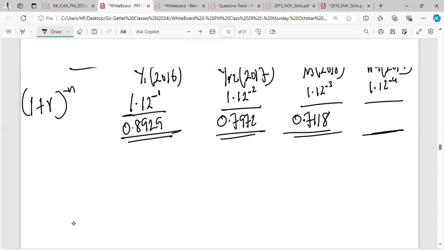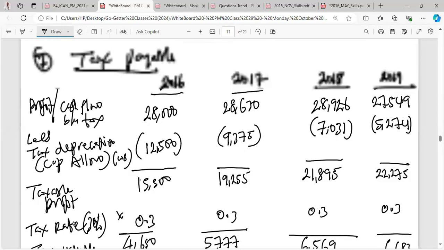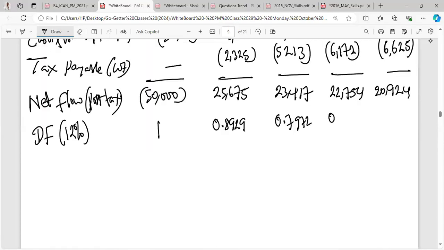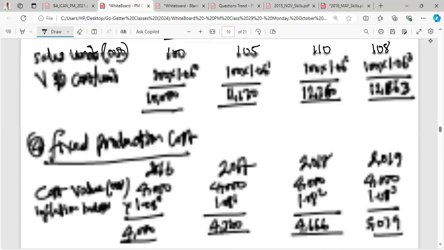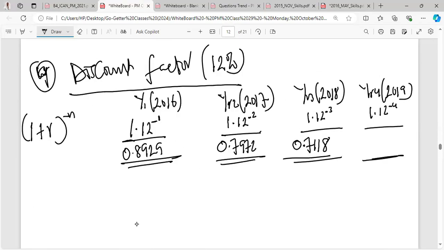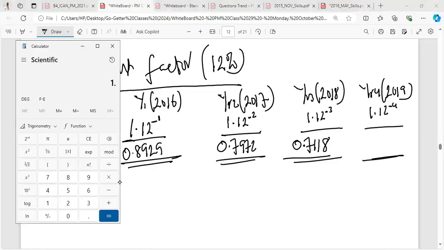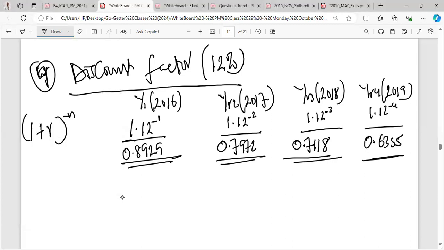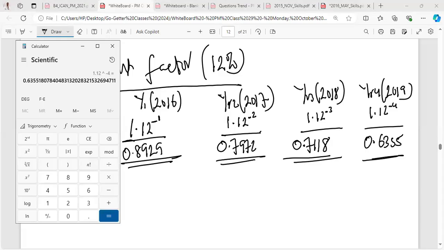Take it straight. And the last one, 1.12 raised to power minus 4, 0.6355. So we take it down.